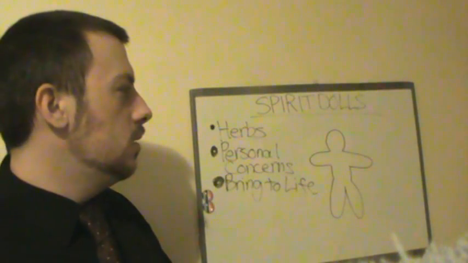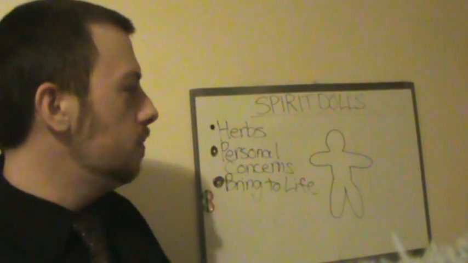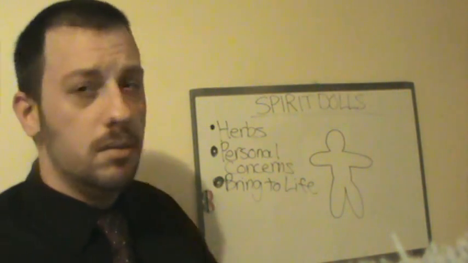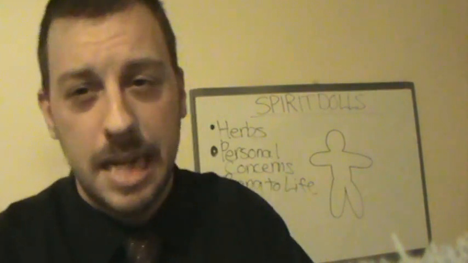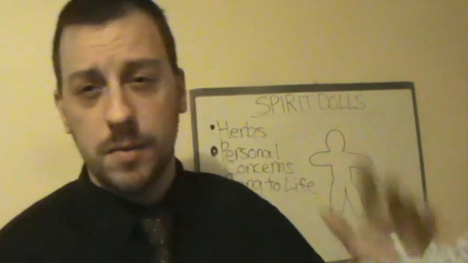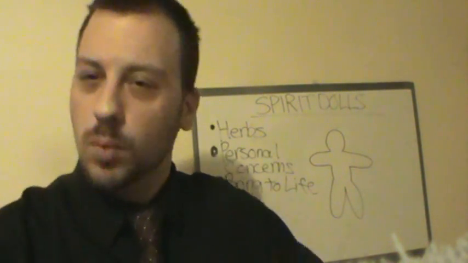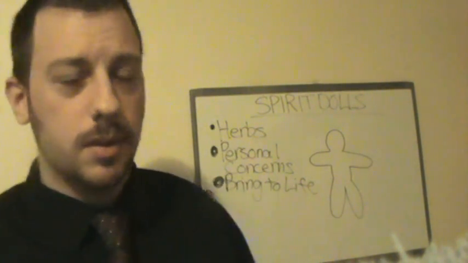You could also do a blessing. Same concept. You could do a love spell to bring a couple together. You could make two dolls, one for the man, one for the woman, or whatever your orientation is, a doll for each of the two people.